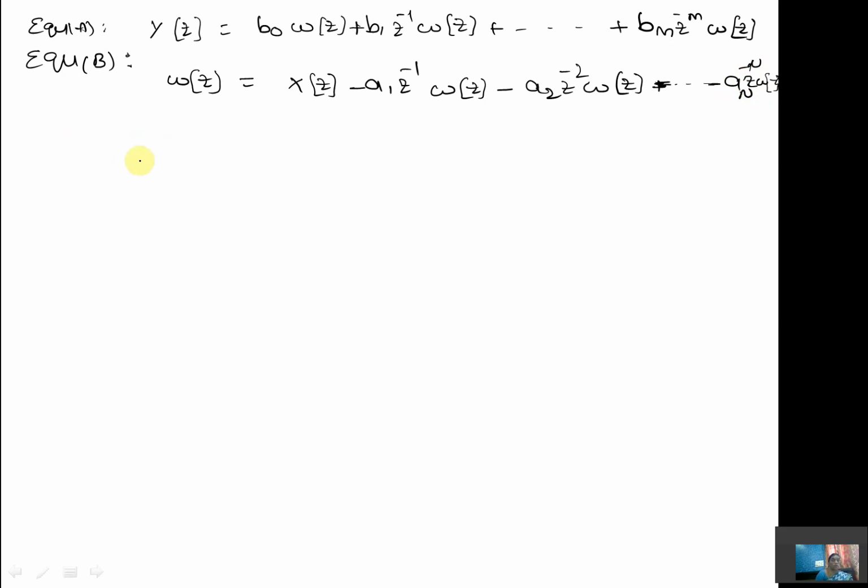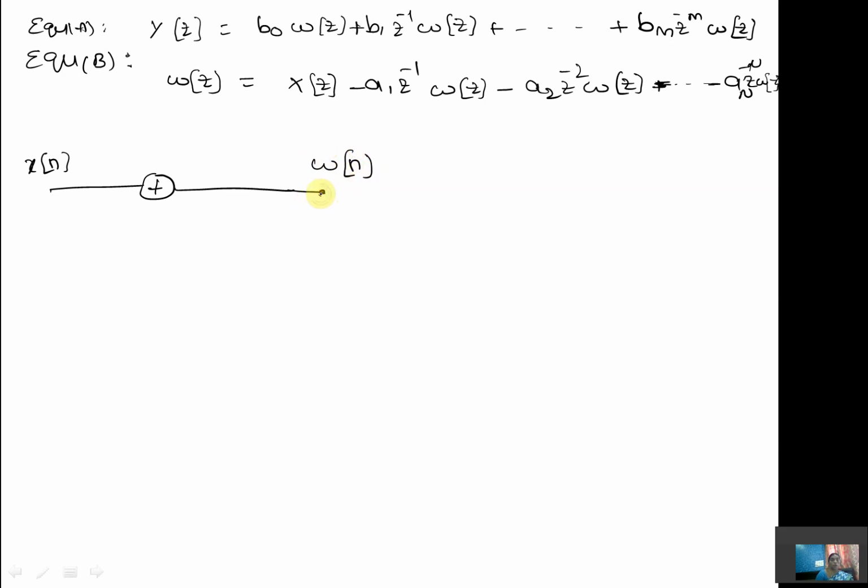So here, first we develop the W of z or W of n by using this equation. So here input is x of n. So here use the adder. So then here you can get the W of z or W of n.